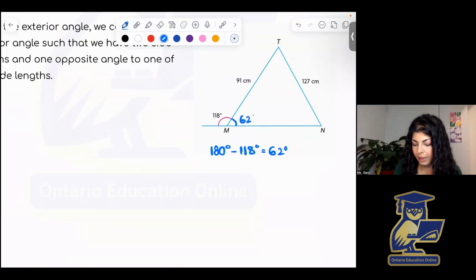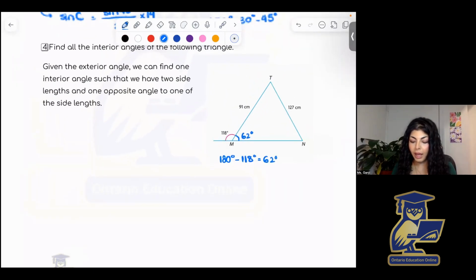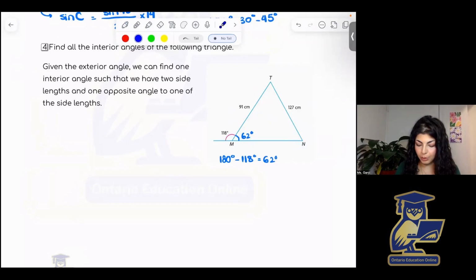So I am showing my work there, and then I label it in the diagram, and that's my work there. So now I have this angle opposite to this side length, and then I can solve for angle N because we have the side length that is opposite to it.